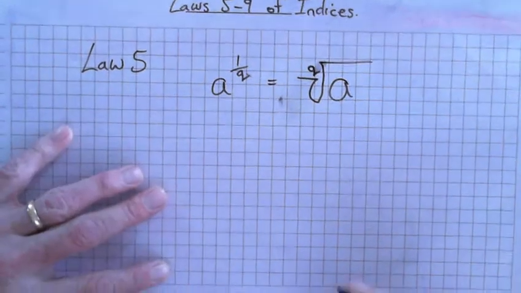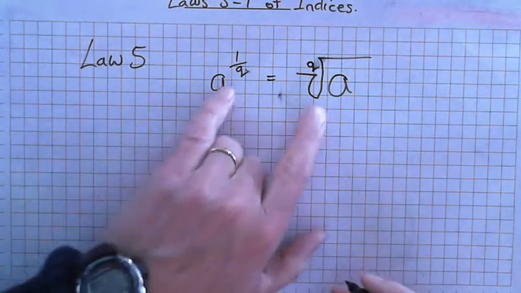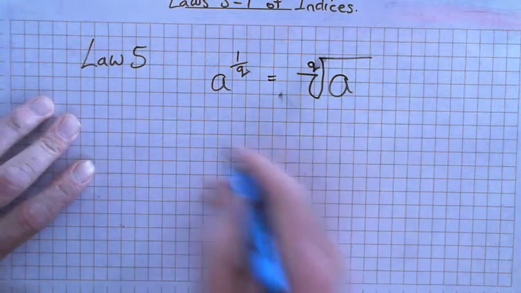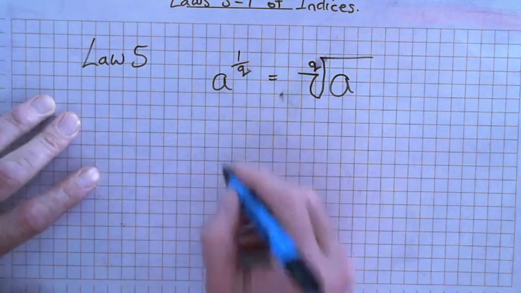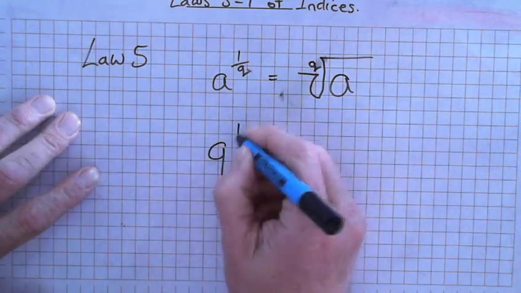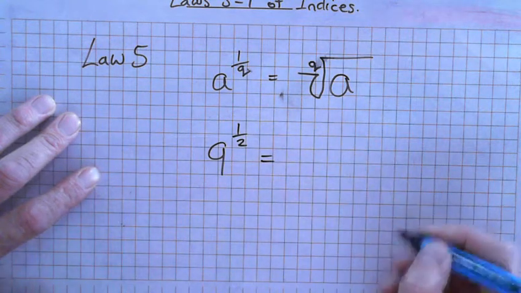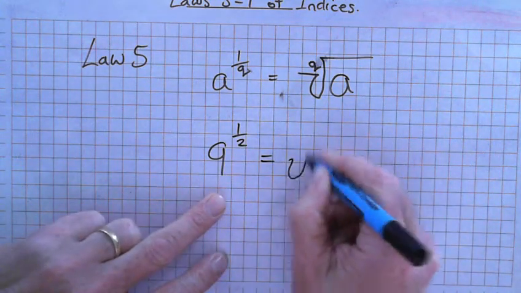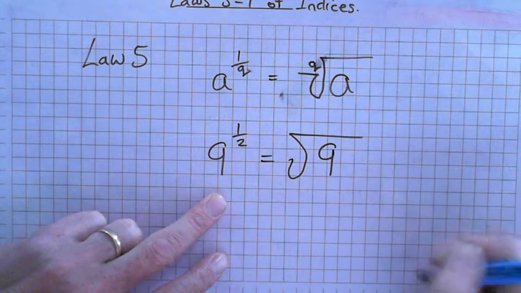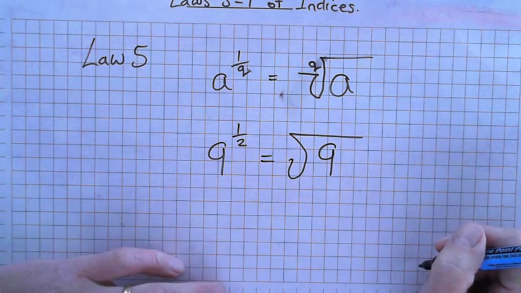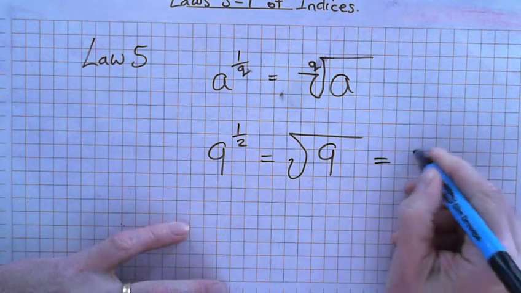Now that looks complicated, but a is a number, so watch this. Let's say 9 to the power of a half is equal to the square root of 9. What's the square root of 9? 3. The answer is 3.